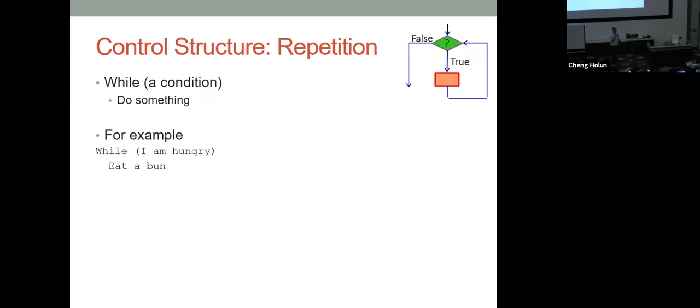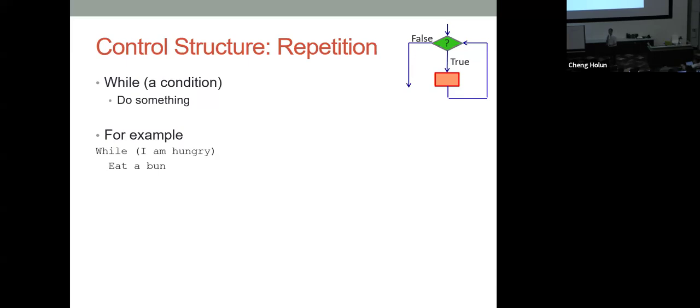But for a while loop, or a repeated loop, after you ate a bun, you go back and check whether you're hungry again. This loop can run as many times as you want. So you check when I'm hungry. If I'm still hungry, I eat a bun. Check again. So you end up eating 10 buns if you're still hungry.